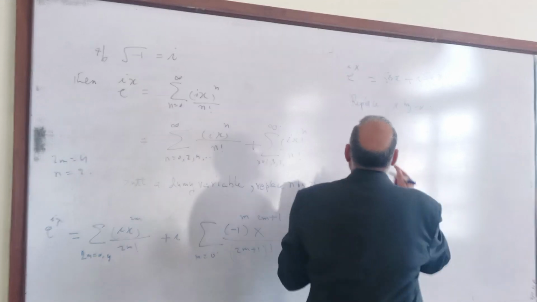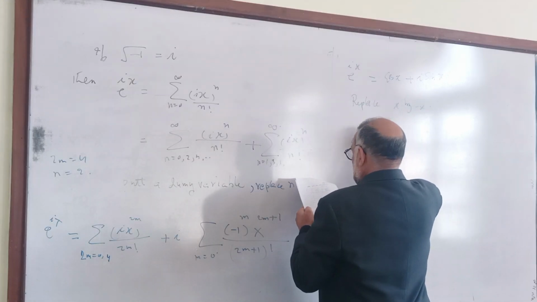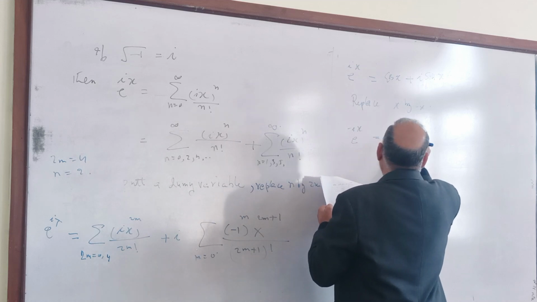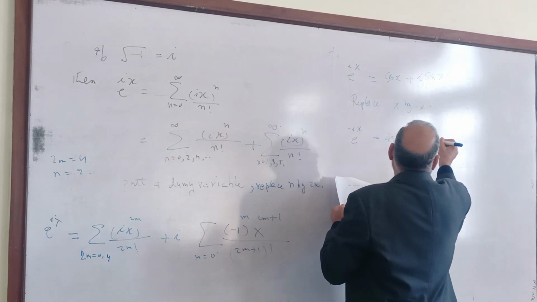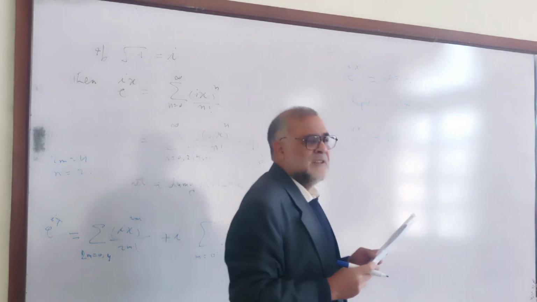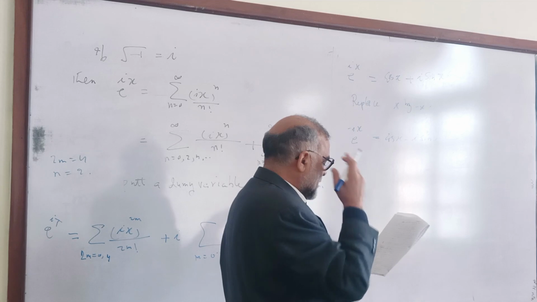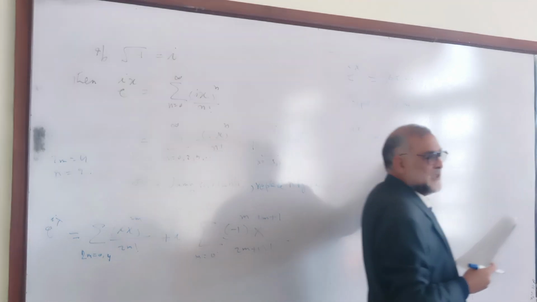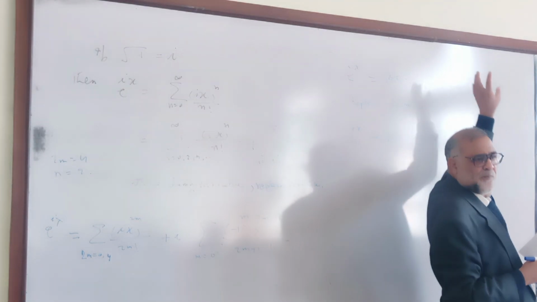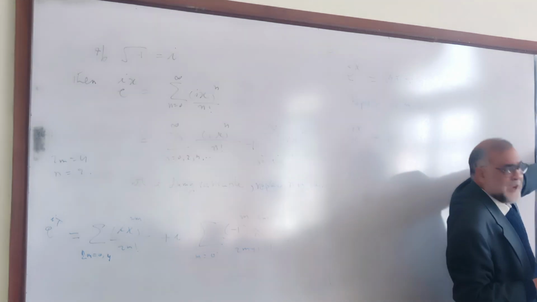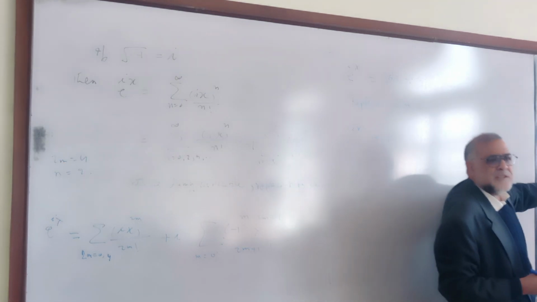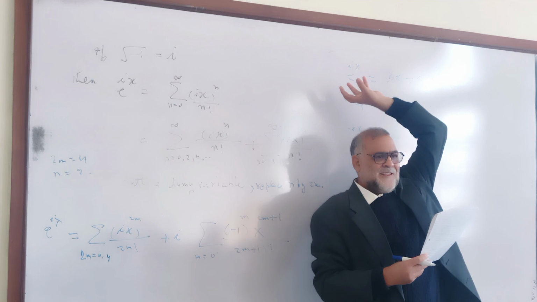So that will be e to the power minus ix, and that will be cosine of x minus iota sine of x. Look, we represented sine and cosine functions in a single symbol.